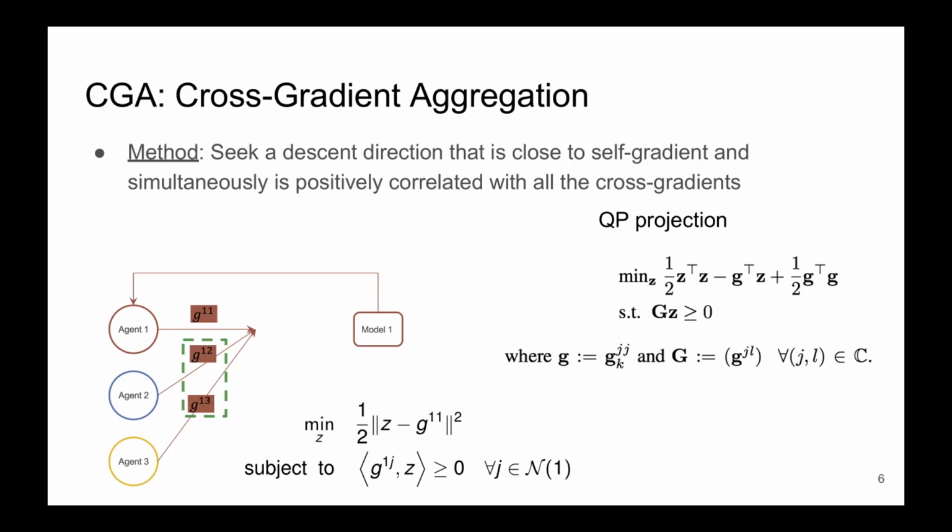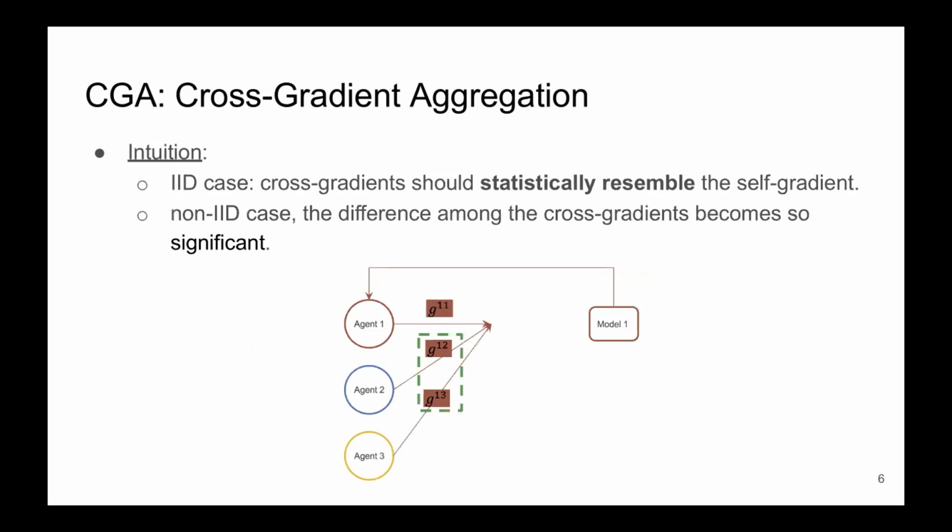The case is, the difference between the cross gradients is significant when the data is non-IID, right? Yeah. And they try to find a way to mitigate this kind of difference. Yeah, if they want to mitigate this difference, well, you gave me 3 directions.